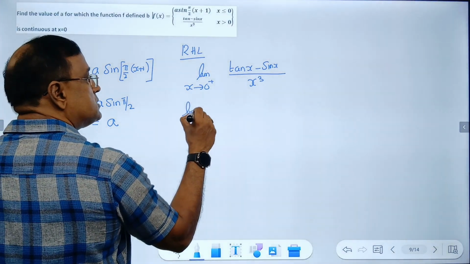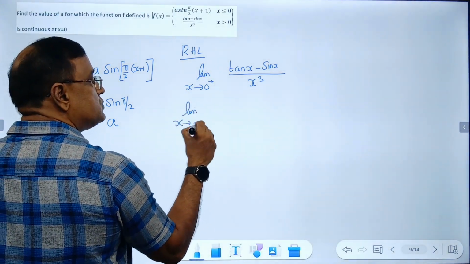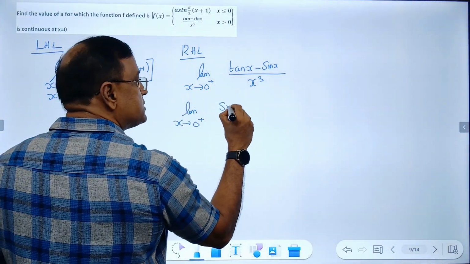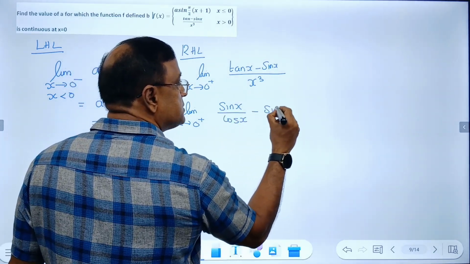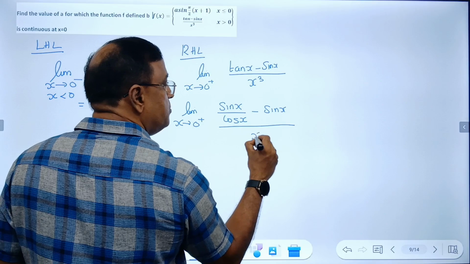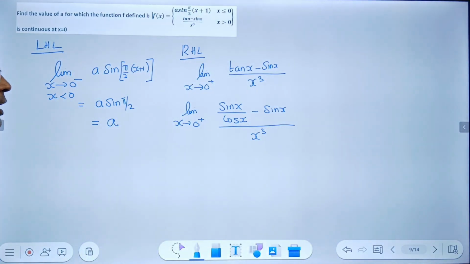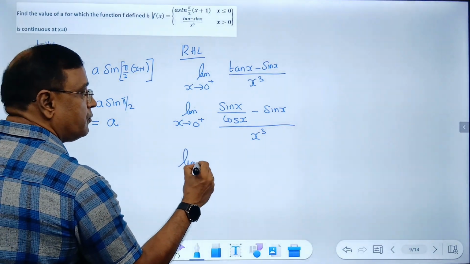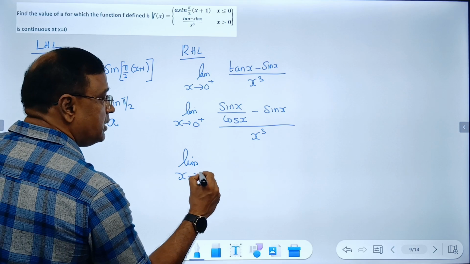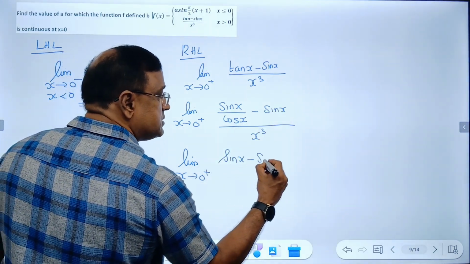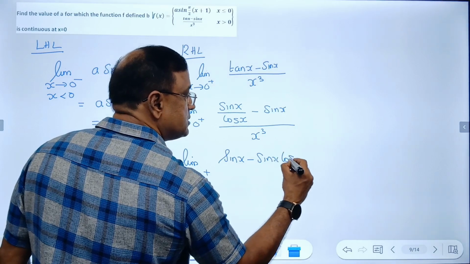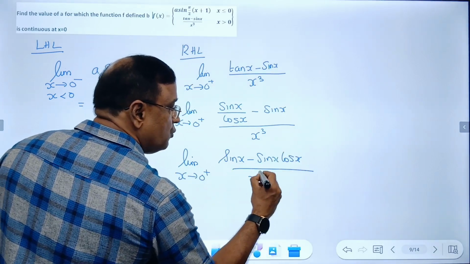So this is limit x approaches 0 plus, sin x by cos x minus sin x by x cube. Okay, and this is limit x approaches 0 plus, I take LCM, so I get sin x minus sin x cos x by x cube cos x.